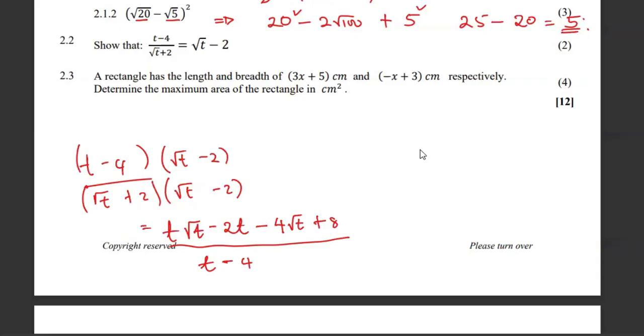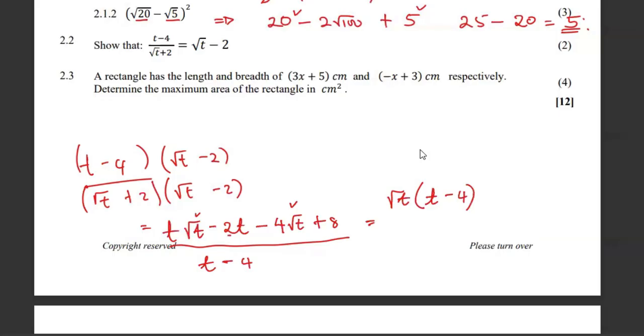Okay, so do we have any like terms? We have this and that. So if I try to do the grouping of it, it's going to be root t into a t minus 4.